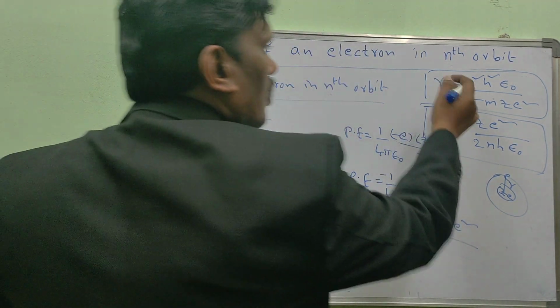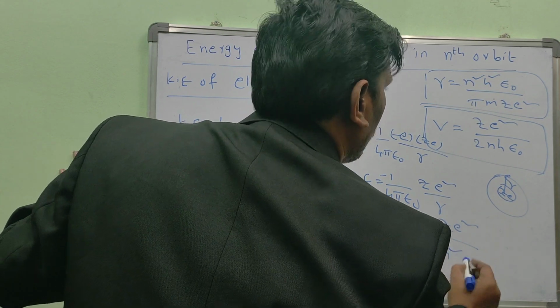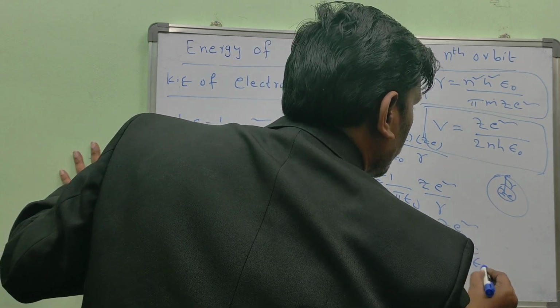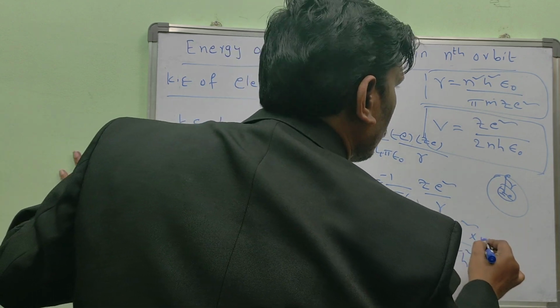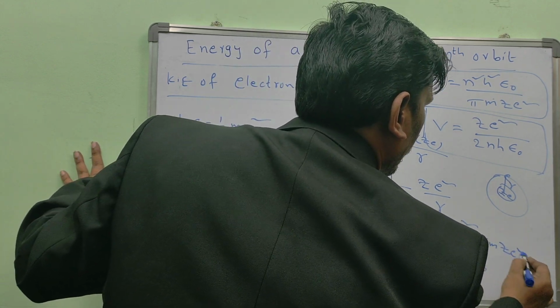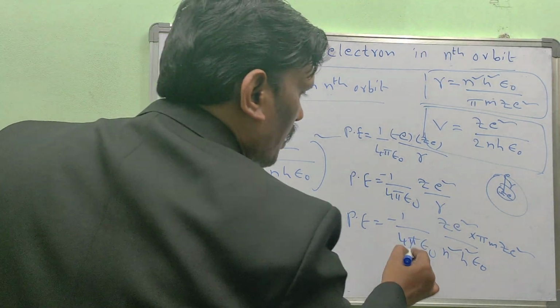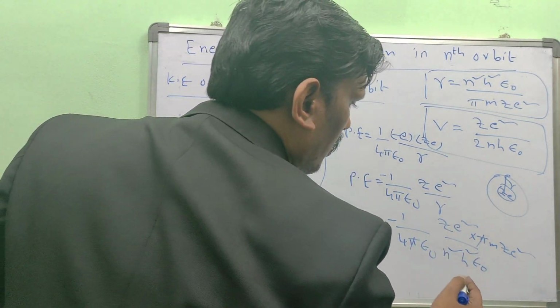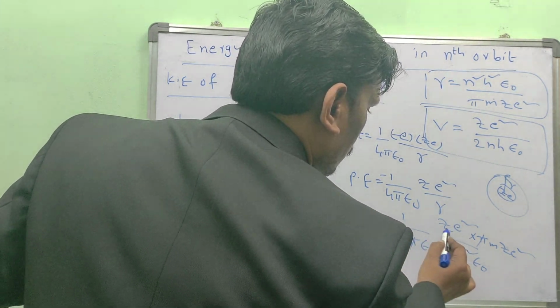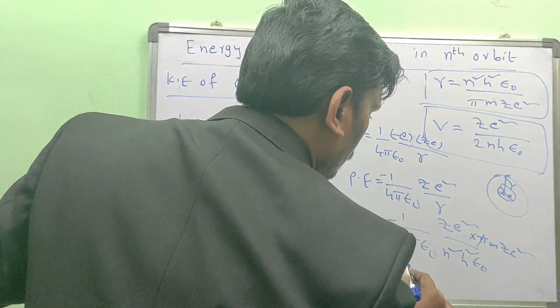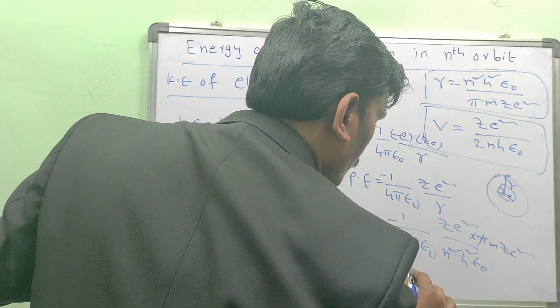What is r? n square h square epsilon naught by pi m Z e square. That goes to the numerator: pi m Z e square. Here pi cancels, and the others just multiply, minus Z into Z, m, only 1 m in the numerator.